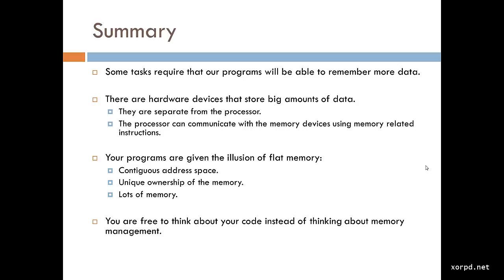Those kinds of instructions are something that we are going to learn about in the very near future. Your programs are given the illusion of flat memory. This boils down to contiguous address space, unique ownership of memory, and also the illusion of lots of memory. All this illusion is made using the paging mechanism, which is relatively pretty recent.